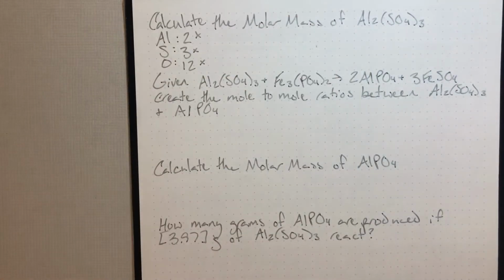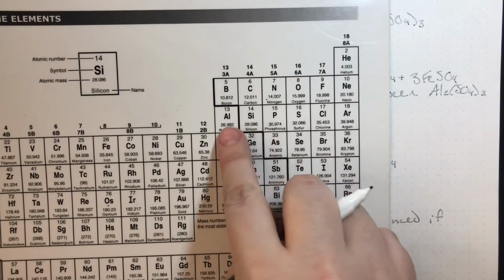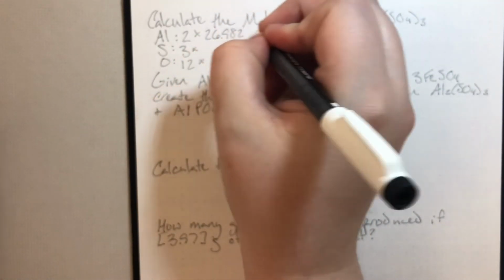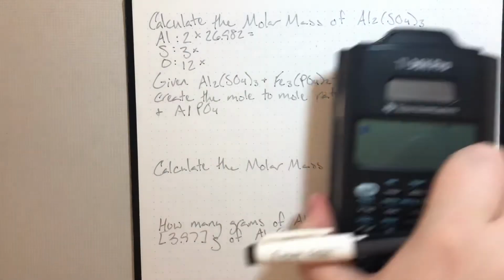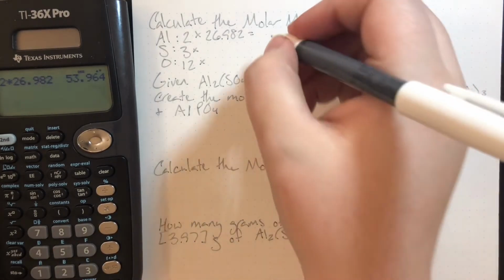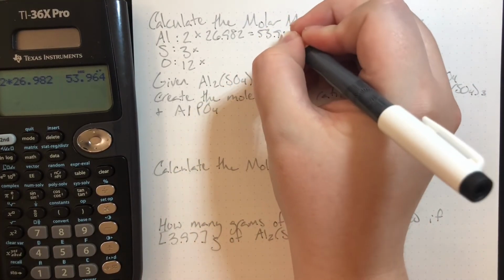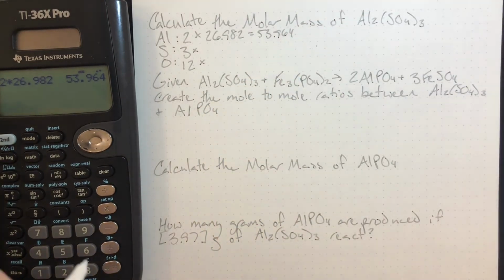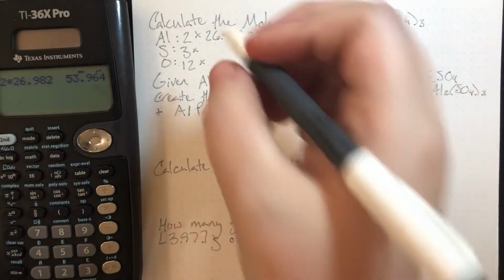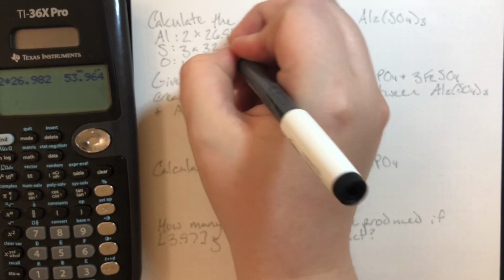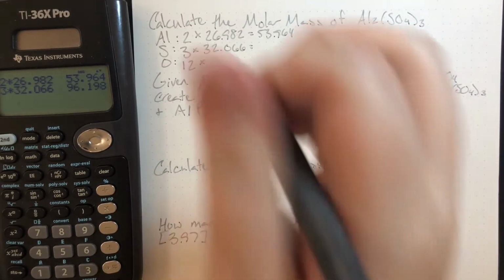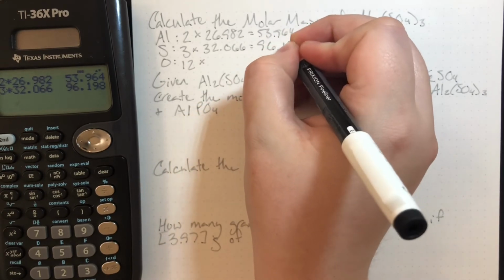Aluminum's mass from the periodic table is 26.982. Two times 26.982 gives me 53.964. Sulfur's mass from the periodic table is 32.066. 3 times 32.066 gives me 96.198.